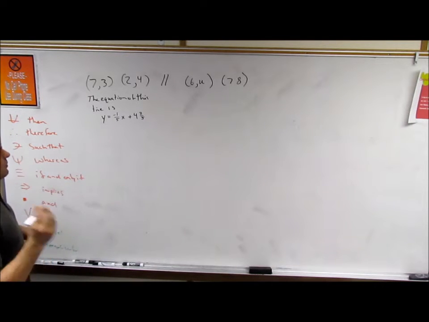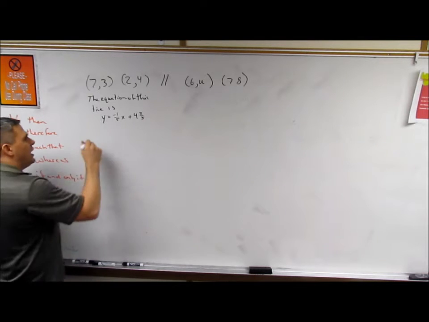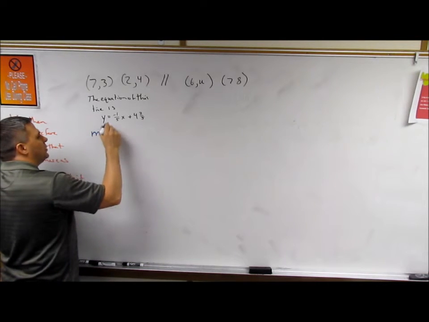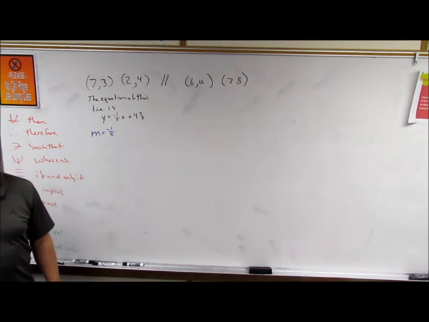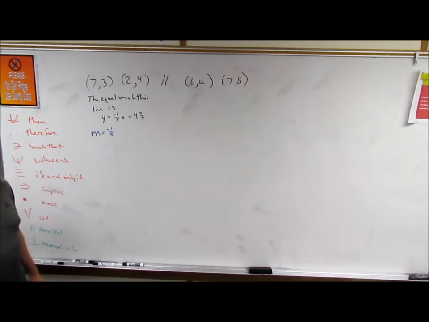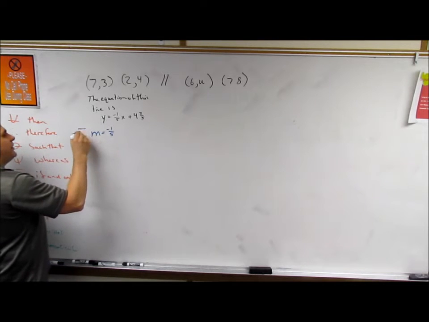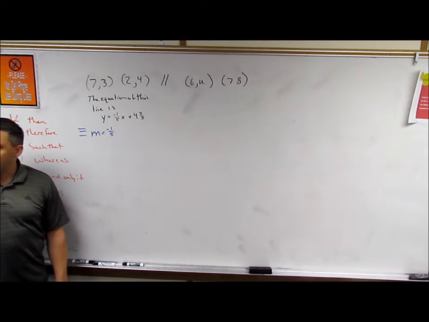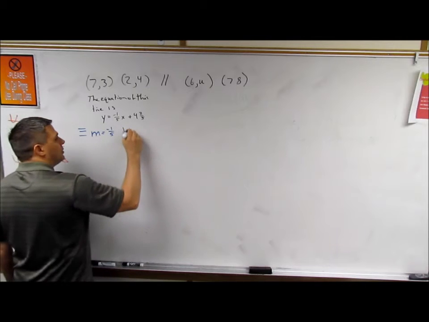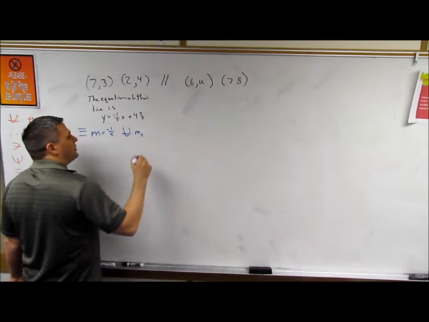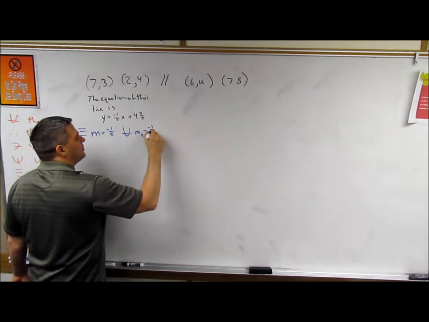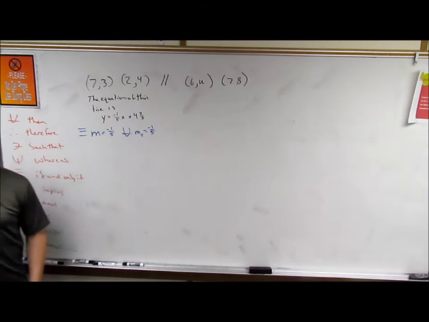Like, okay, the most important thing is m equals negative 1/5. So, if and only if m equals negative 1/5, then m parallel equals negative 1/5. Because they have to be the same, right?